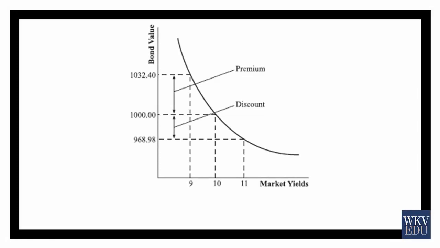Plotting the relationship between the discount rate and the value of a fixed income instrument on a graph results in a convex curve. This curve is known as the price yield profile of a fixed income security. Notice that the increase in the price of the bond from 1000 to 1032, which is a 3.2% increase, if the discount rate decreases by 100 basis points, is greater than the decrease in the price of the bond from 1000 to 968, which is a 3.1% decrease if the discount rate increased by 100 basis points.